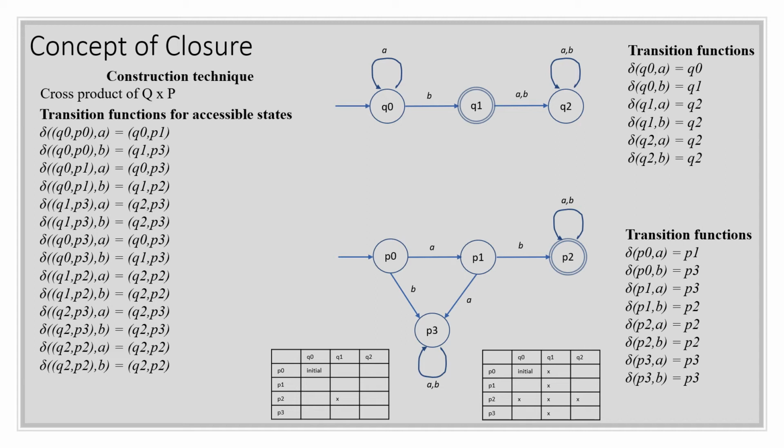We're just going to remember that in order to decide which ones will be accepting, which ones will not be accepting, for intersection, the only accepting state we have would be Q1, P2, which we do have that state. Q1, P2 will be our accepting state, and Q0, P0 will be our initial state.